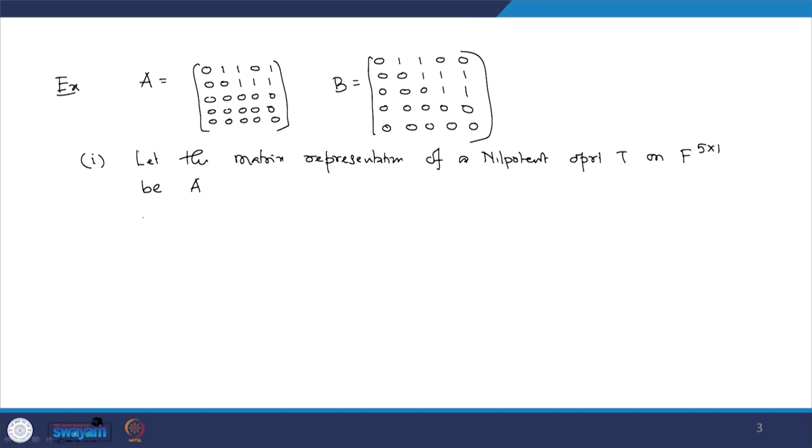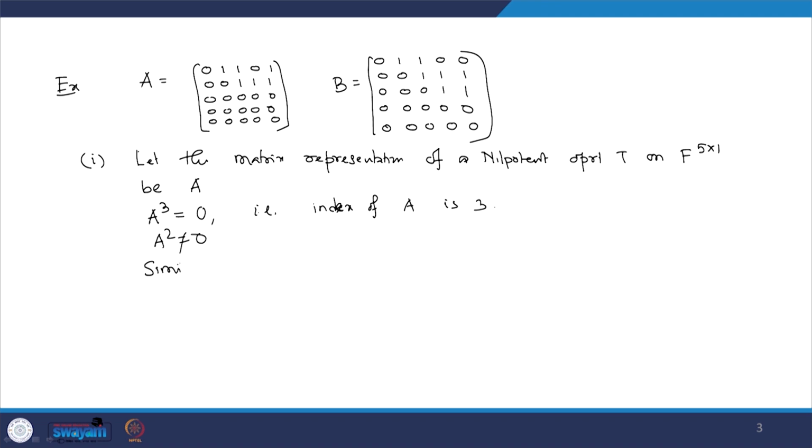First we have to calculate the index of A. We can see A to the power 3 equals 0, but A to the power 2 is not equal to 0, that is, the index of A is 3. So it is a nilpotent matrix.